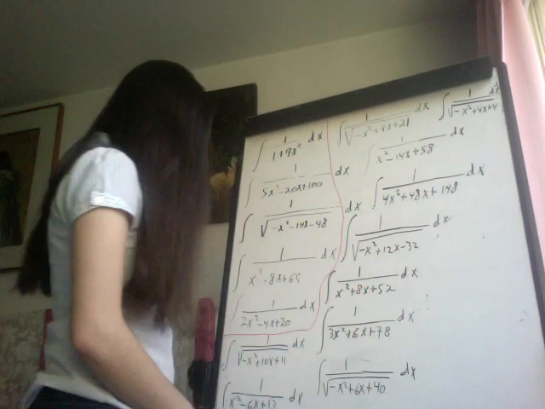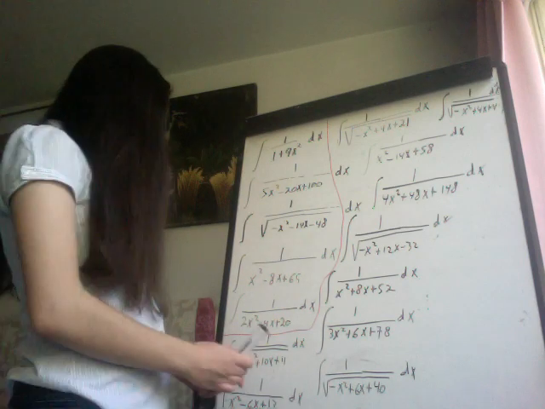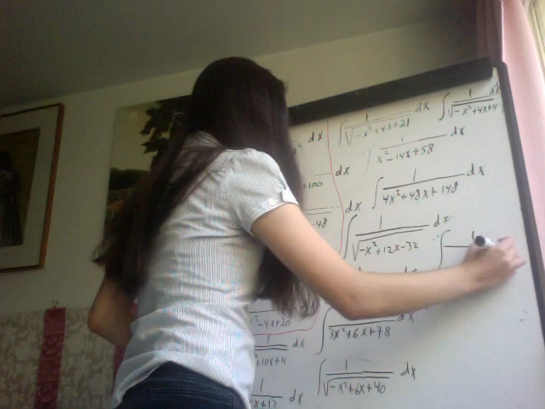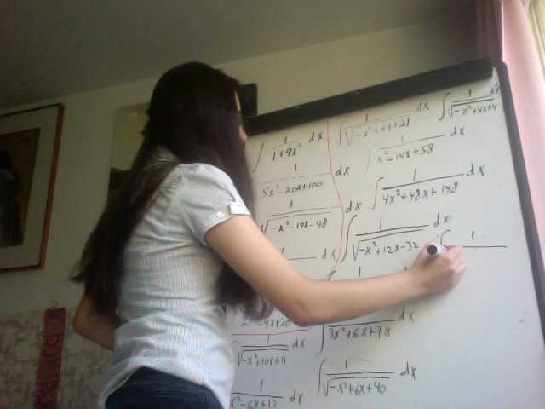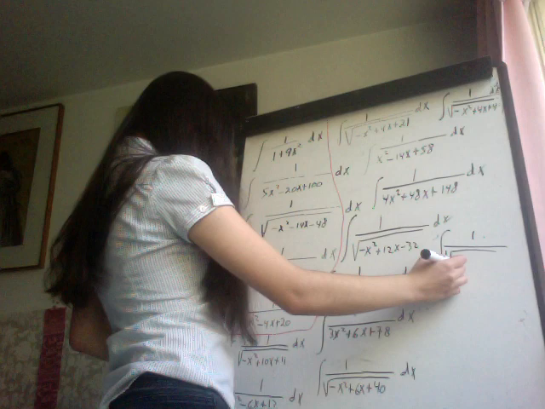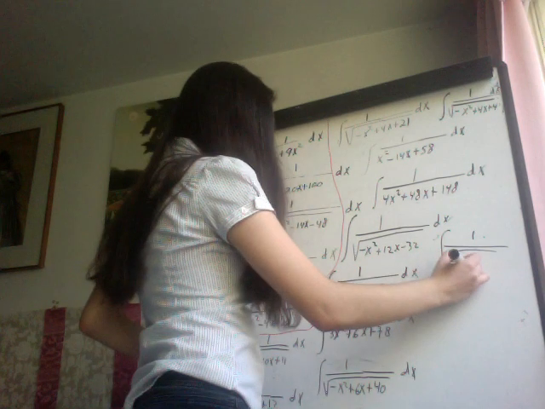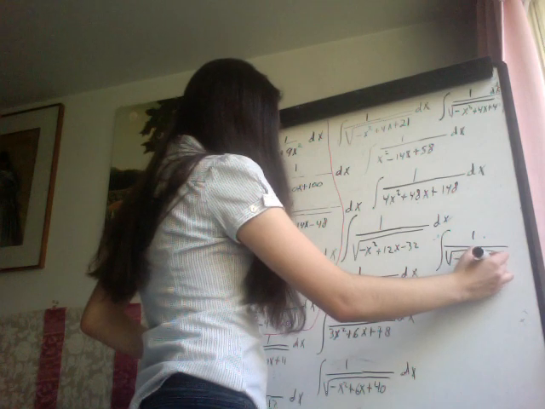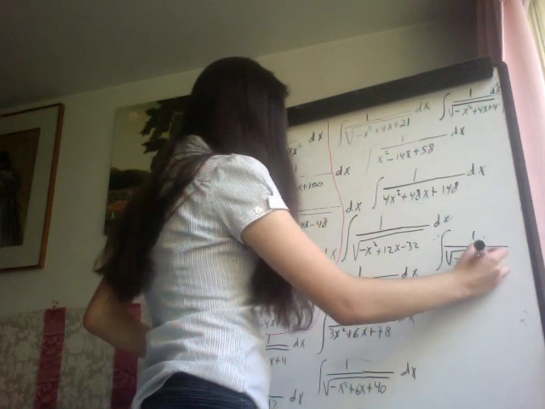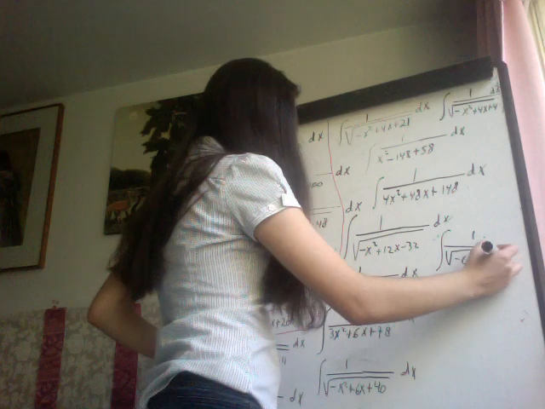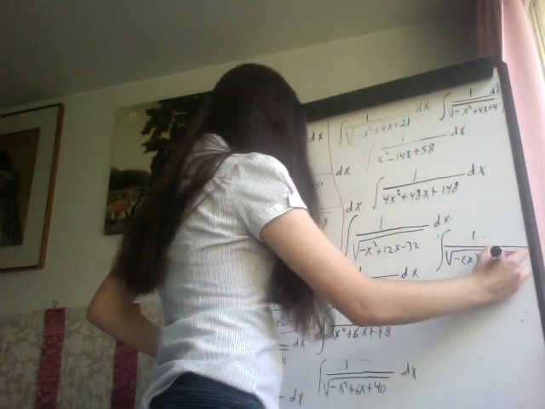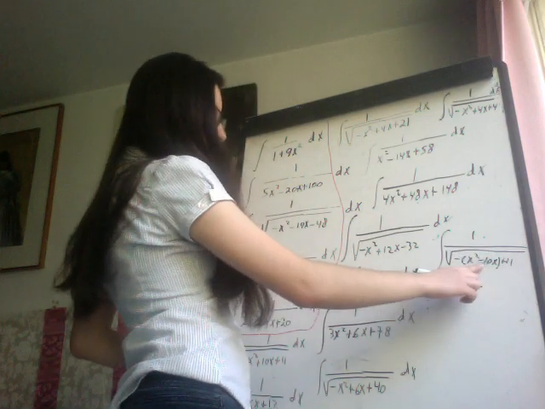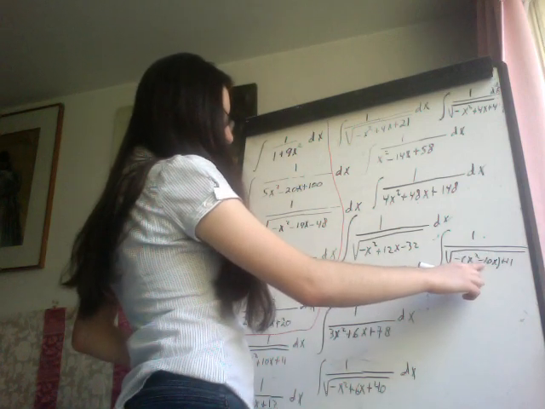So here we have the integral of 1 divided by, let me factor out the negative sign, the square root of negative x squared minus 10x, just like this, plus 11. Now here I want to have a 25, since half of 10 is 5.